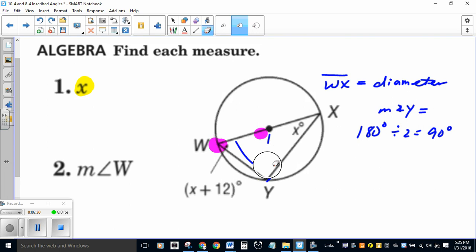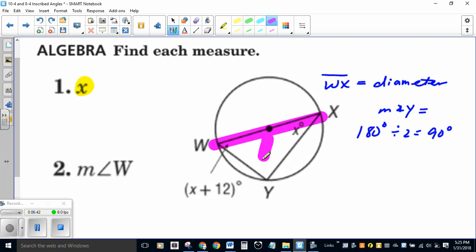So, in order to determine where the 90-degree angle is, again, you're going to say, here is my diameter, and across from my diameter is where my right angle is going to be.